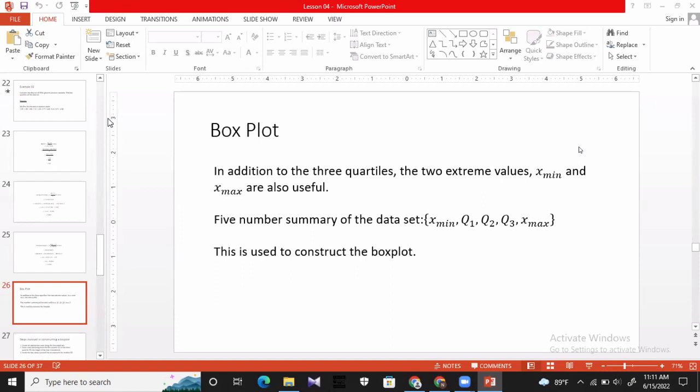Using quartiles also we can give a measure of variability. Okay, so if we have a data list, these quartiles divide a particular data set into 4 equal parts. Q1, Q2, Q3 are those quartiles.